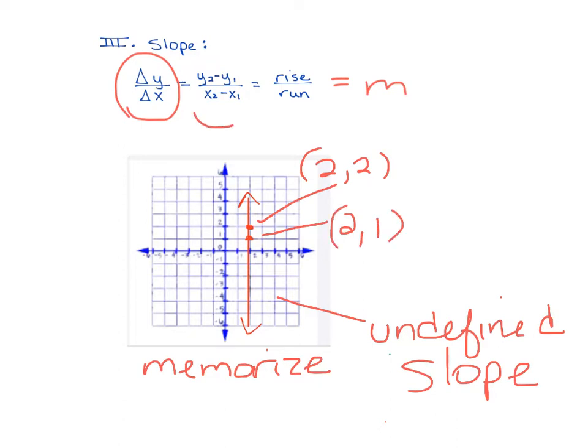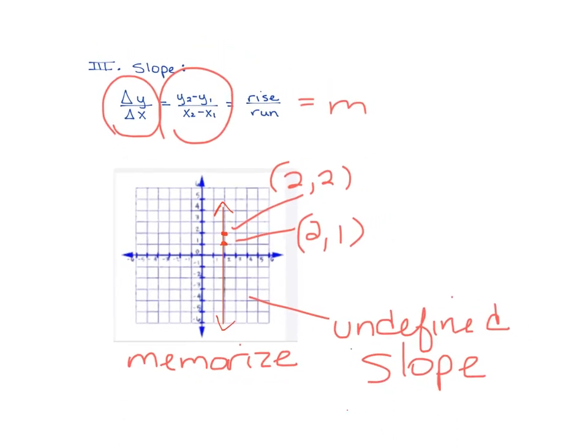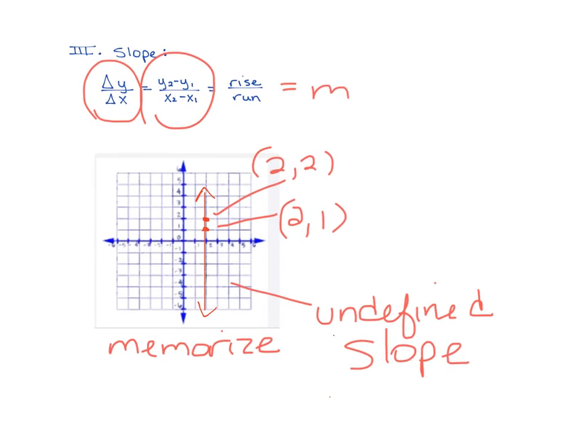I am going to use my slope formula. And this one's going to be my x2, y2. Doesn't matter which one. And this will be x1, y1. So I'm going to do 2 minus 1 divided by 2 minus 2.